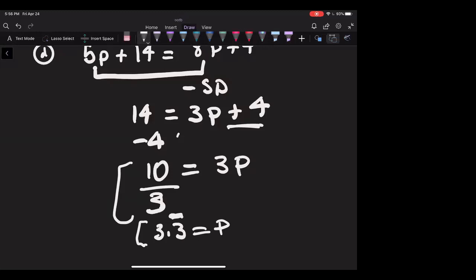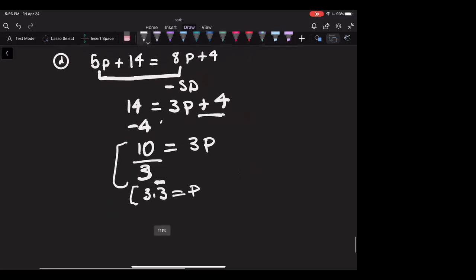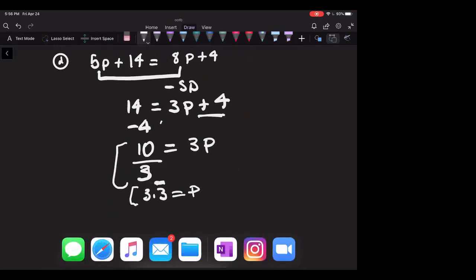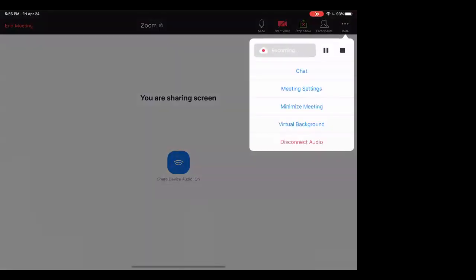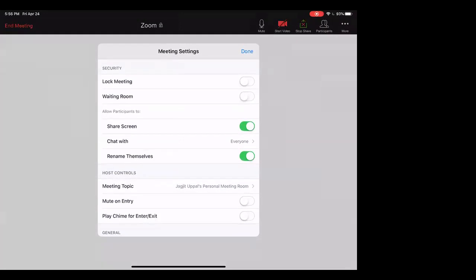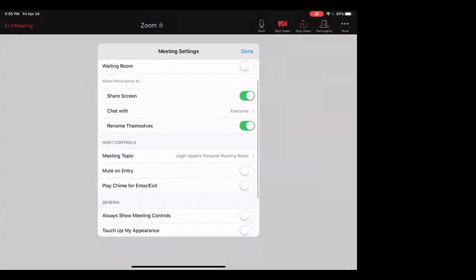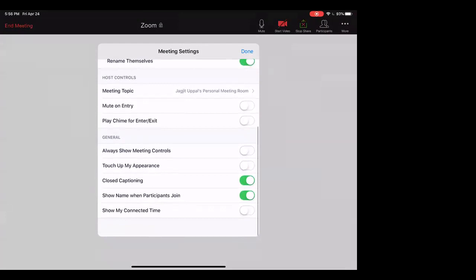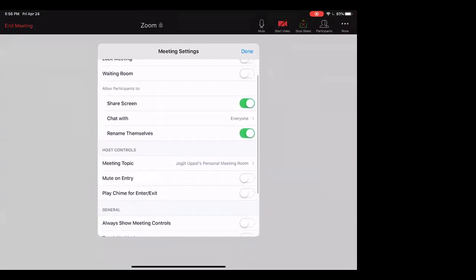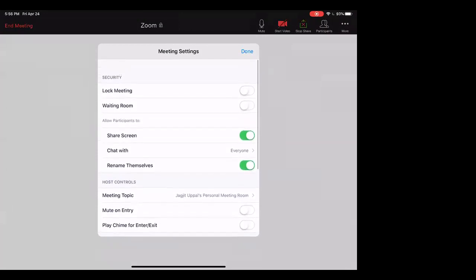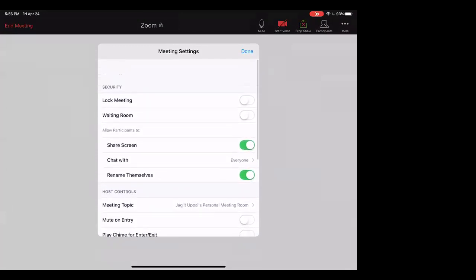I can record them too if you let me. How do I let you record them? When I press record, I have to send a request. Okay, let me do it. It should be there.